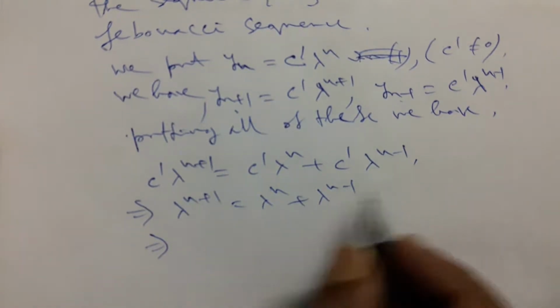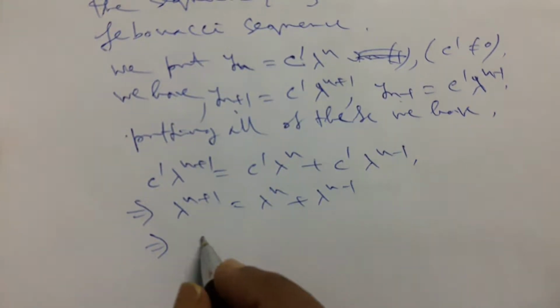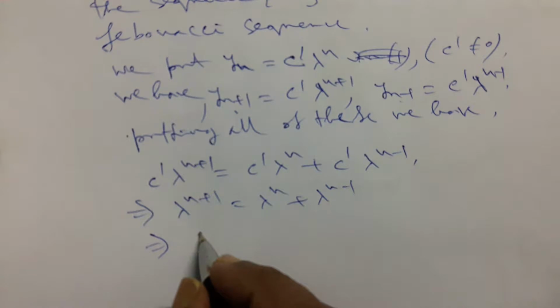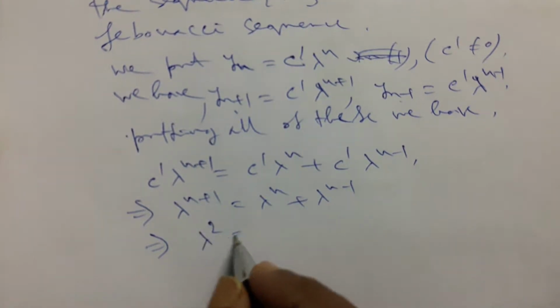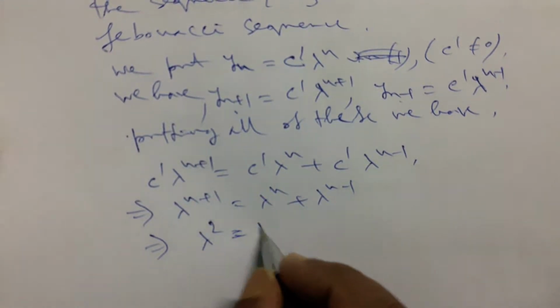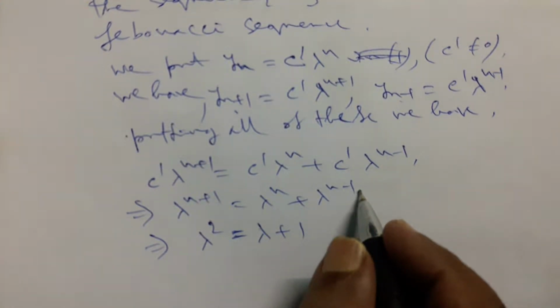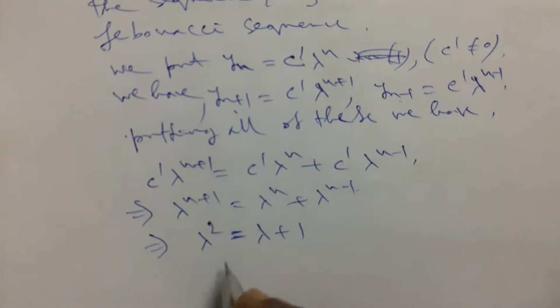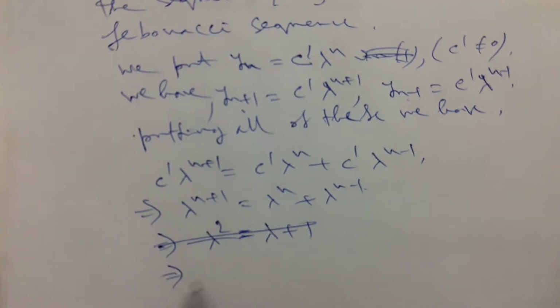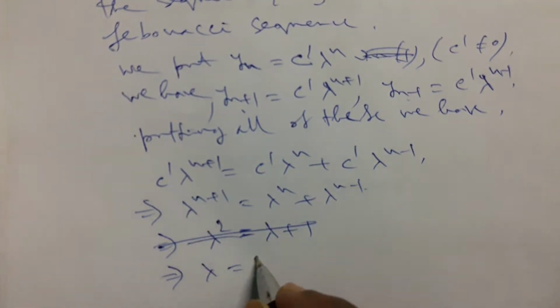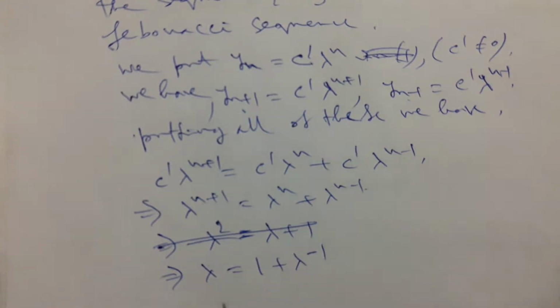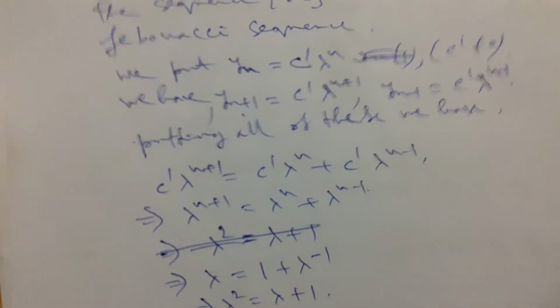That implies lambda^n is also cancelled, and we finally get lambda squared equals lambda plus 1. This implies lambda equals 1 plus lambda^(-1), which implies lambda squared equals lambda plus 1.